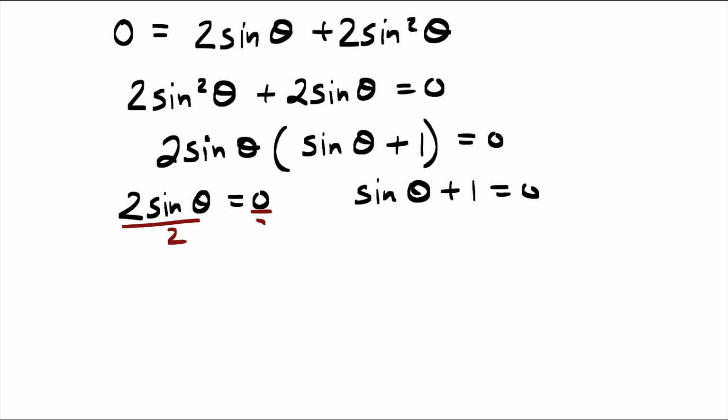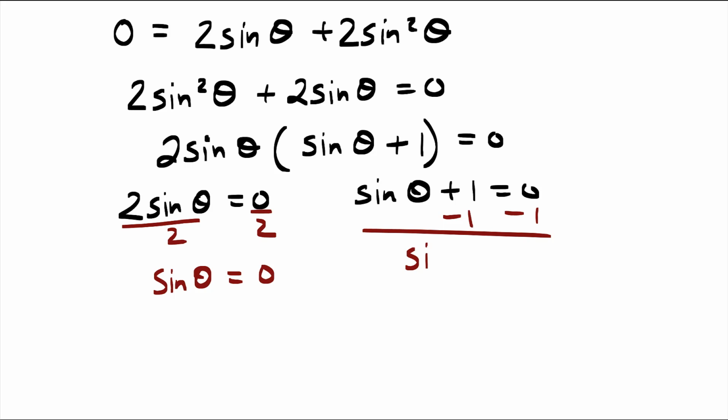Divide by 2, divide by 2, and so I have sine theta equal to 0. Done. On the flip side, we subtract 1 from both sides. Now I'm looking for sine theta equal to -1. Looking at our unit circle, I need a y value of 0. When is the y value 0 along the unit circle?